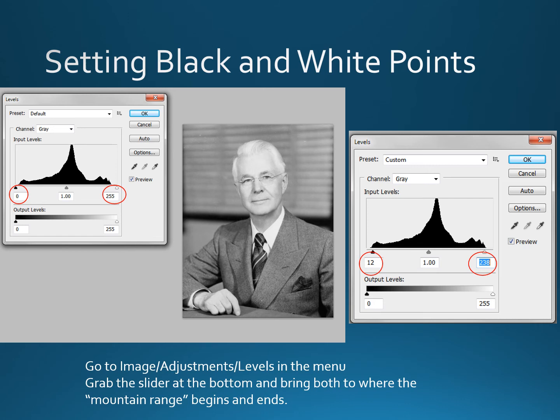Well, we want a full 255 points, and so resetting these will allow us to do that. The reason that we want to stretch this out so we get 255 points is that it allows us to bring out more of those mid-range tones. And so when we're talking about a grayscale image, what that means is that there are more shades of gray, if you will, that are available that can be seen in that image that may show detail in that image.